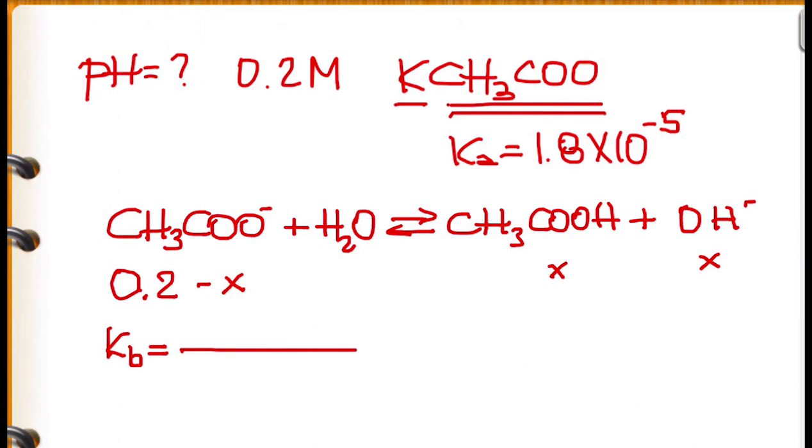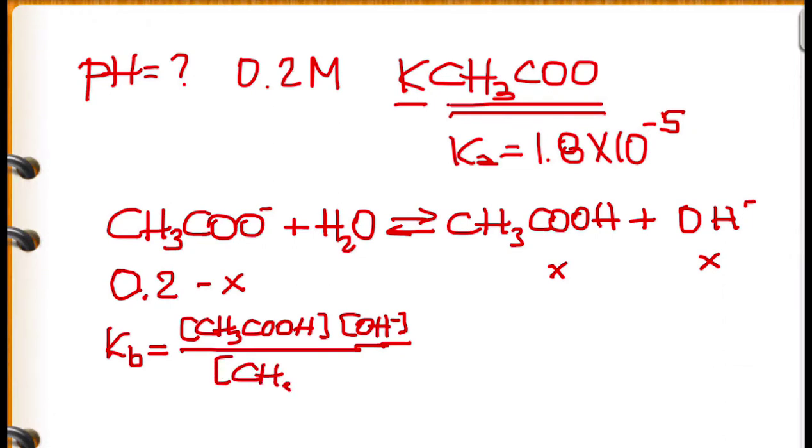And the Kb is given by the concentration of acetic acid, CH3COOH, times the concentration of hydroxide, divided by the concentration of CH3COO⁻, the conjugate base. As you see here, I don't put water because water is a constant, right? We already know that very well.